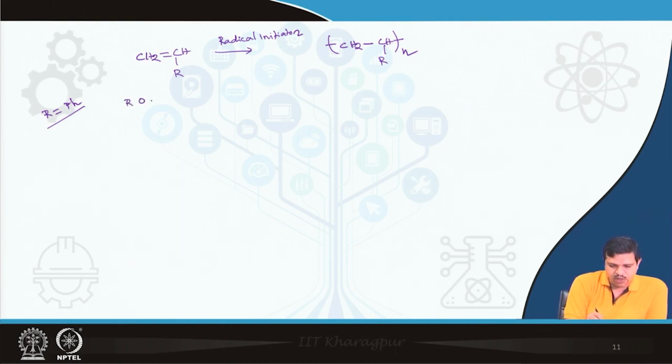I am just writing in a simple way, like a peroxo type of initiator. So, this is the initiation, and you will get this radical.